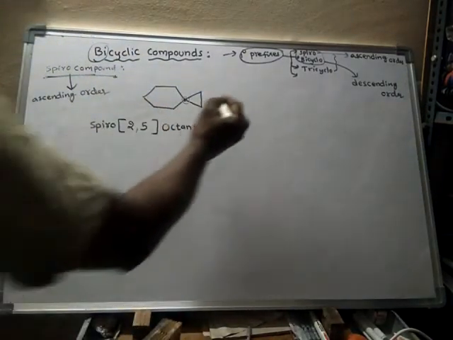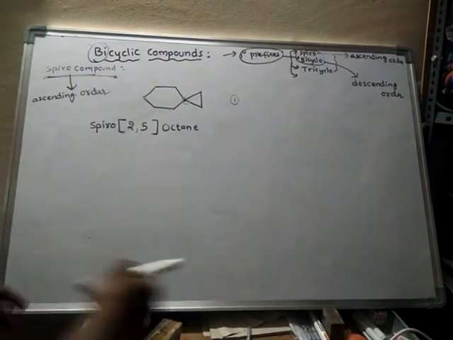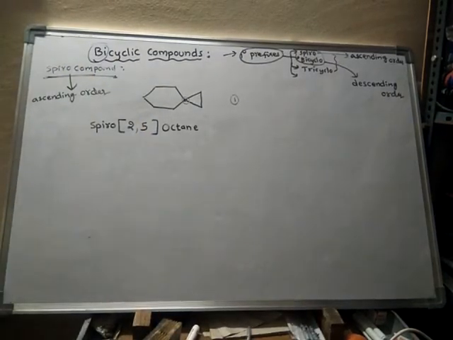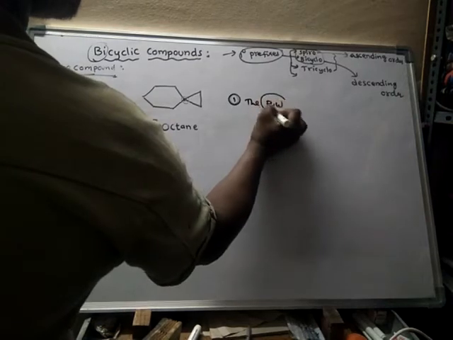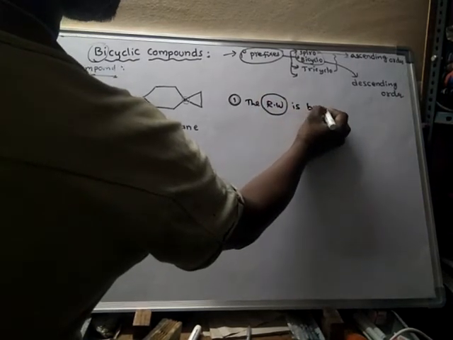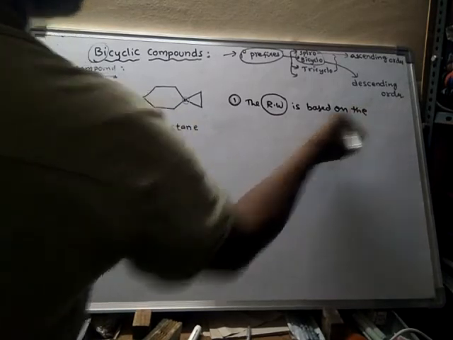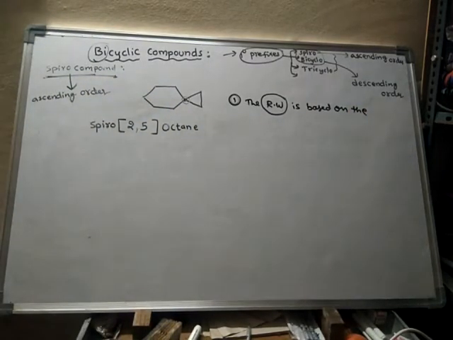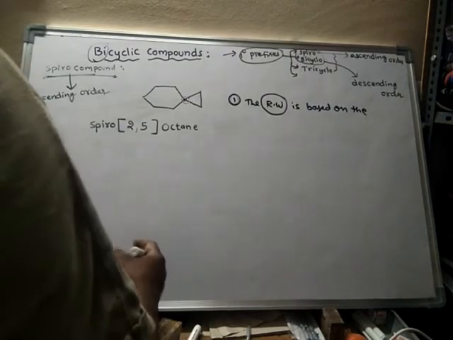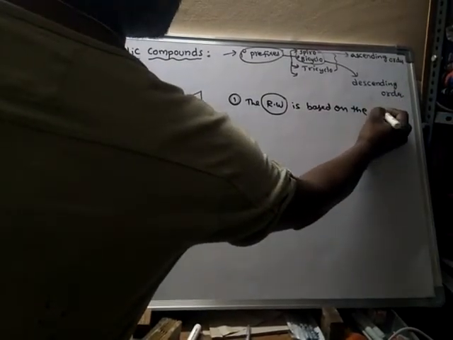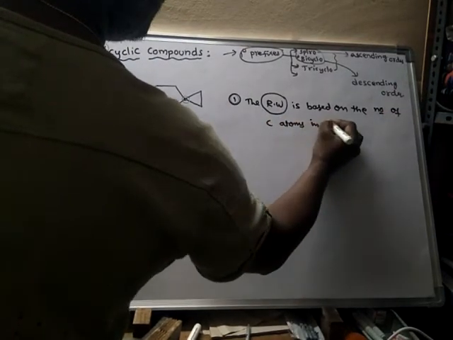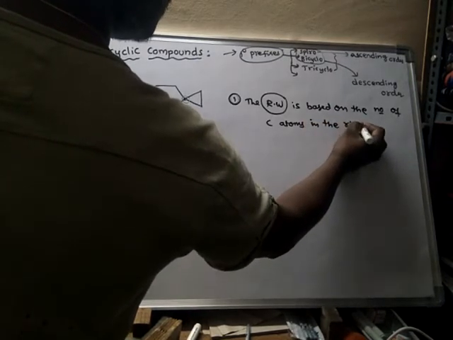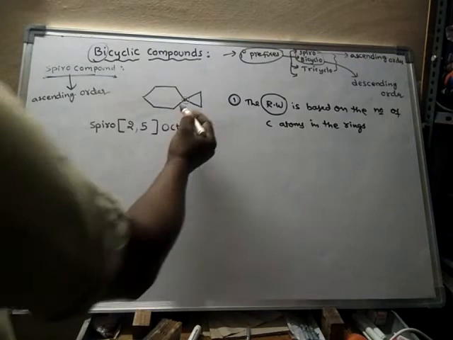Actually, we have to follow certain rules while naming spiro compounds. What are those rules? First one: the root name is based on the root word. How is the root word written? It is based on the number of carbon atoms in the rings. How many carbon atoms are there in total in the rings?